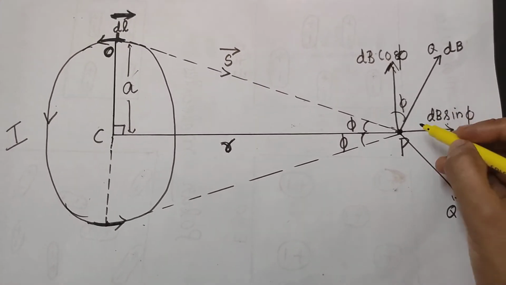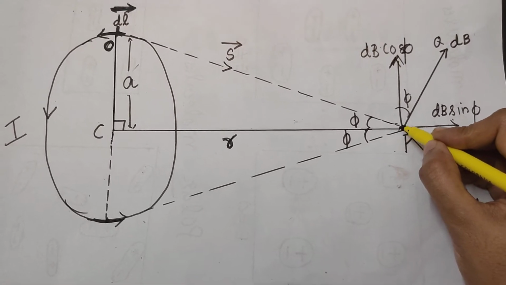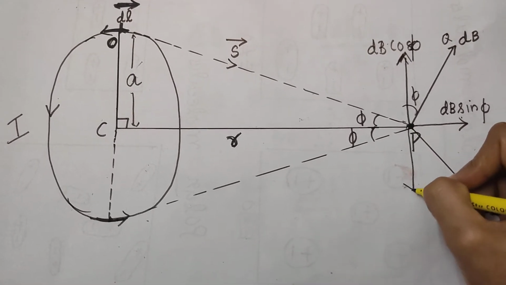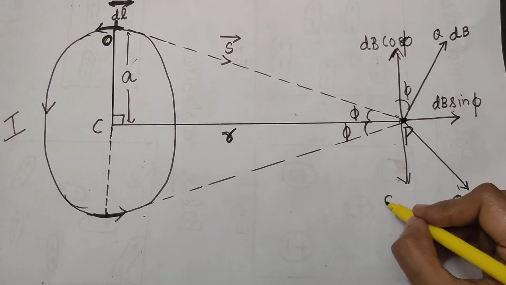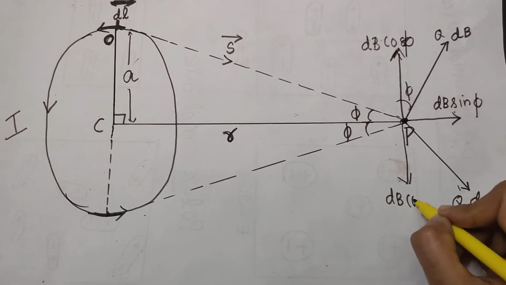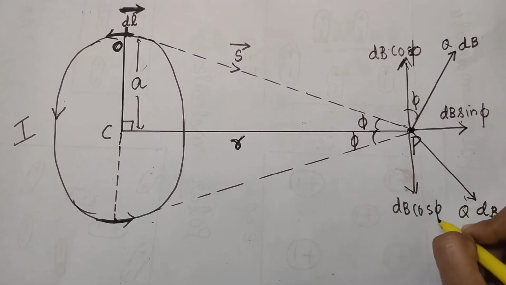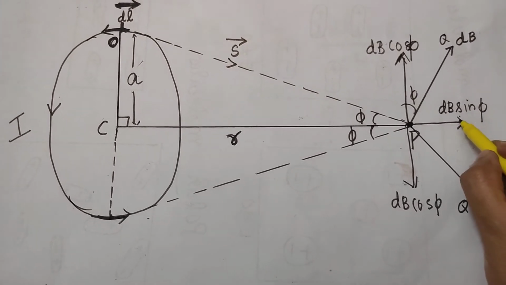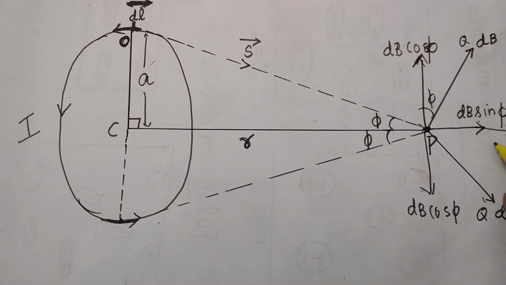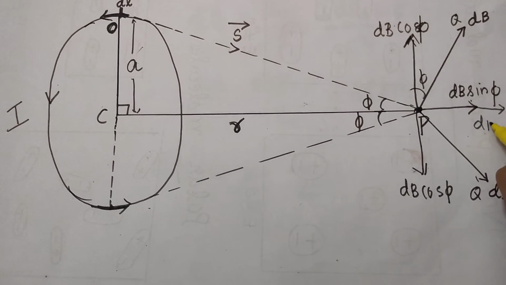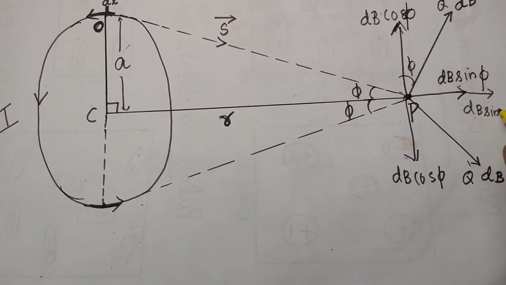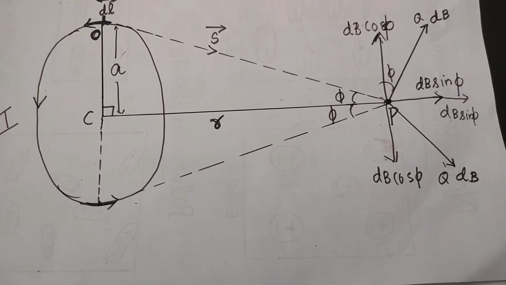It has also two components. One is perpendicular to the axis, and it is equal to dB cos phi, and one is along the axis. It is again dB sin phi.